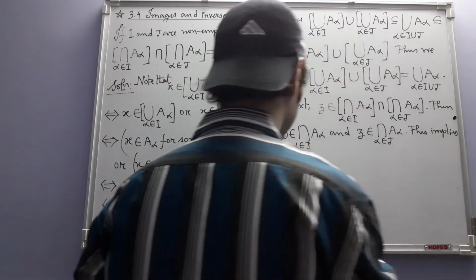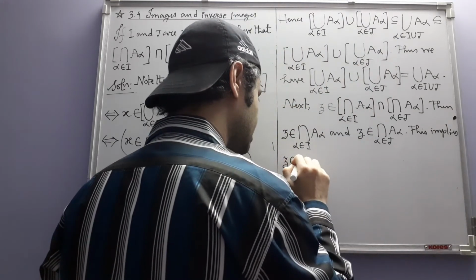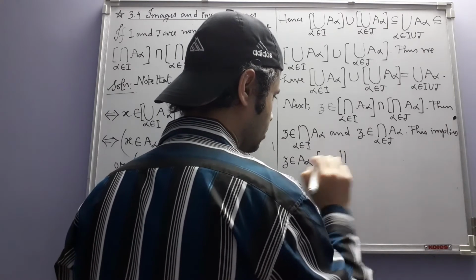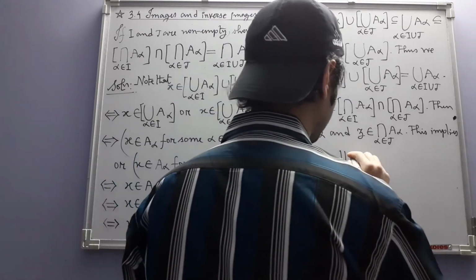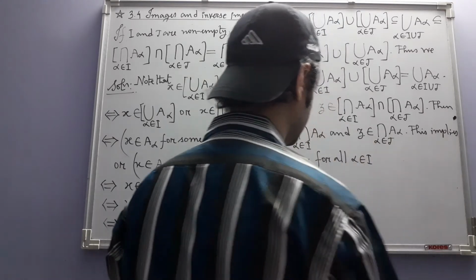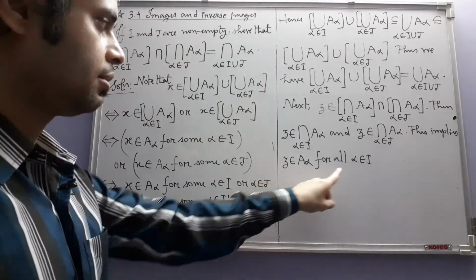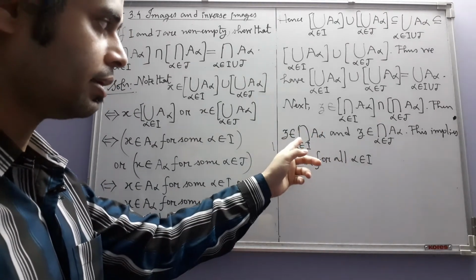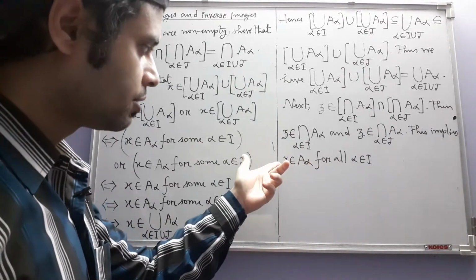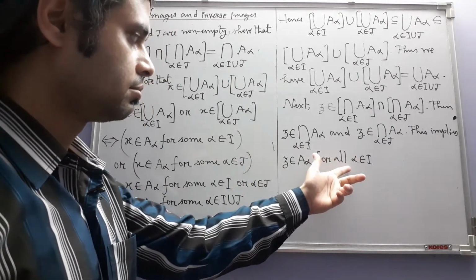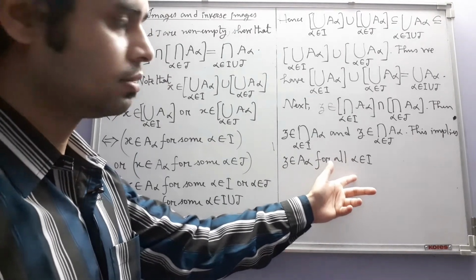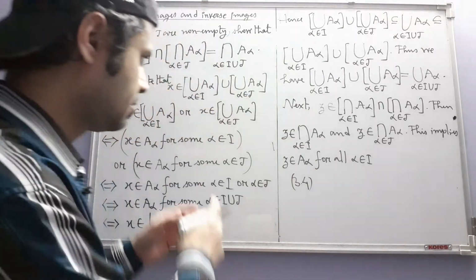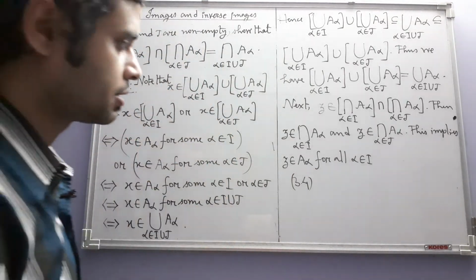This implies z belongs to A alpha for all alpha belonging to I. Note that we are writing just this without choosing any beta in I and then saying things like that, because I can make this conclusion because of that equation 3.4. You go back to that, the one that we mentioned in the previous exercise.